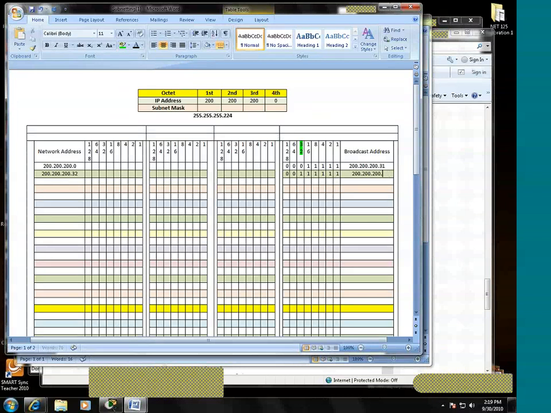So we get 63. We'll go ahead and go to the next subnet. What's the next least combination? Okay, 0, 1, 0. We ended the previous subnet at 63, so we know the next value is going to be 64.